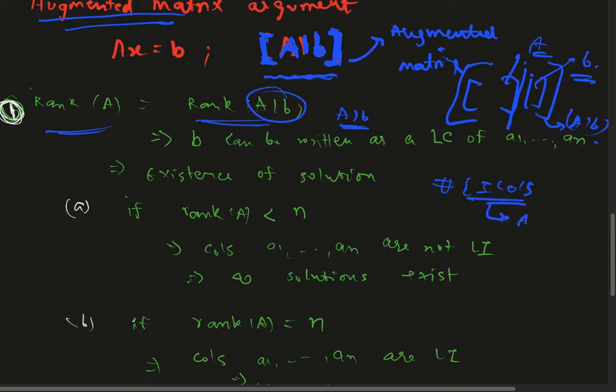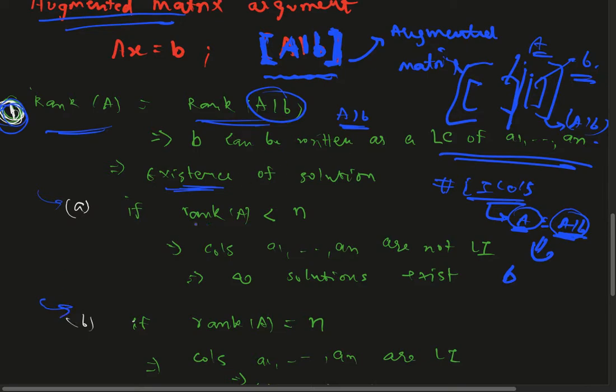So if rank of A is equal to the rank of this matrix, this automatically implies that B can be written as a linear combination of these vectors. And from what we discussed above, this means that a solution definitely exists. Now, assuming this condition is true, we form two subcases, a and b.